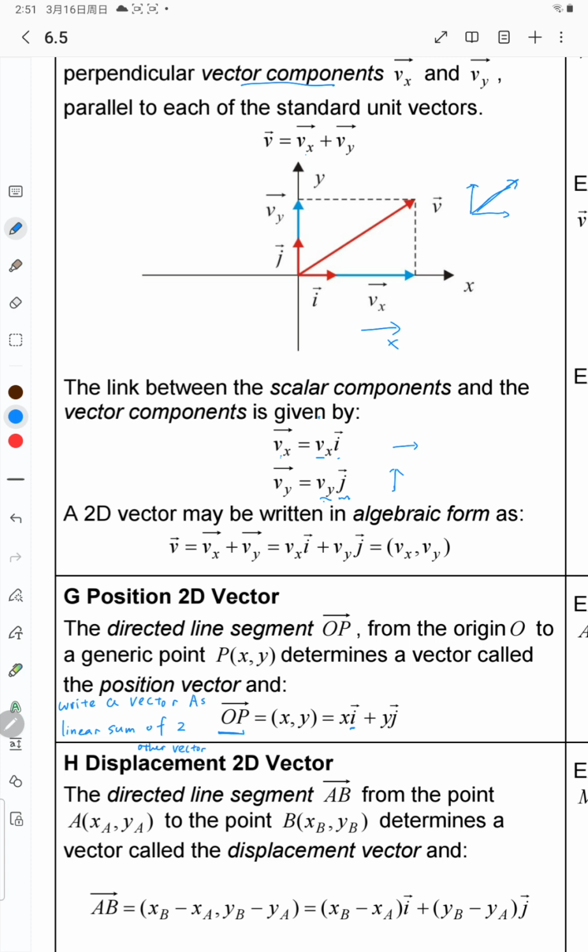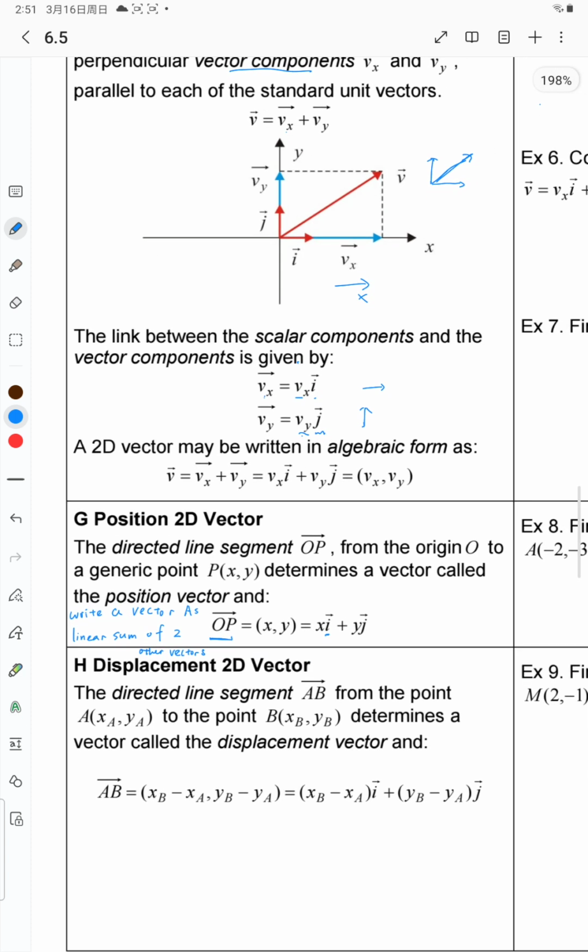So our decomposed vector set is i and j.